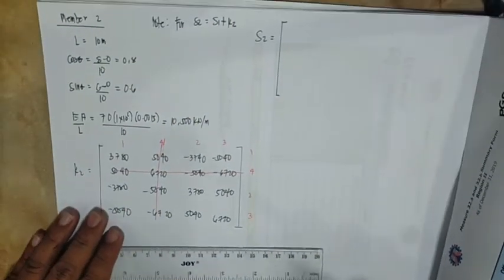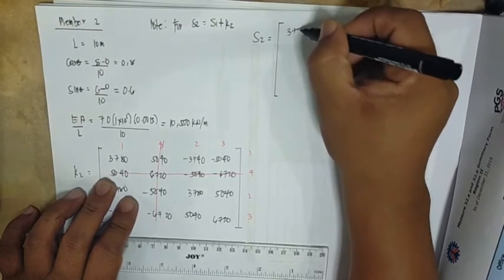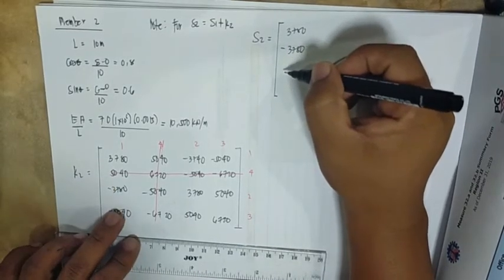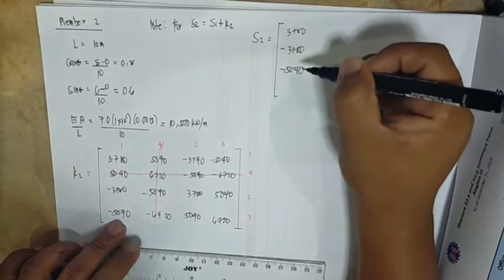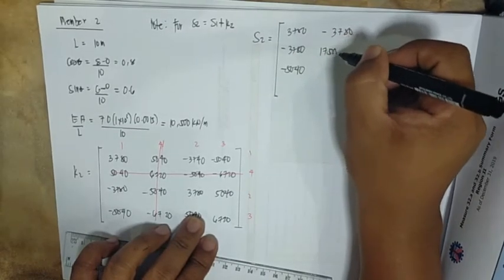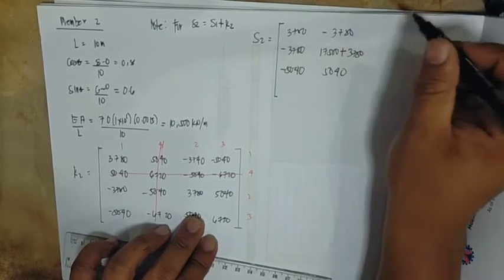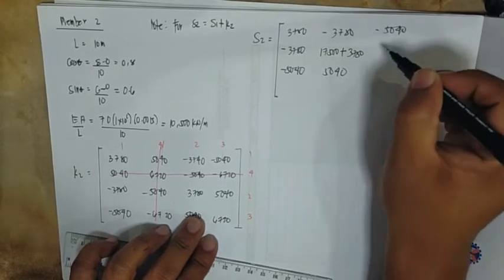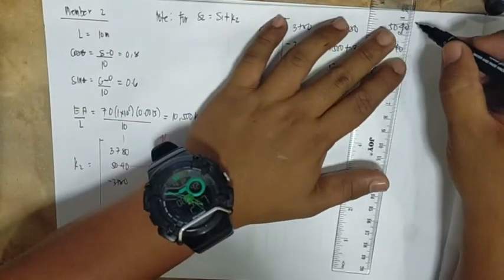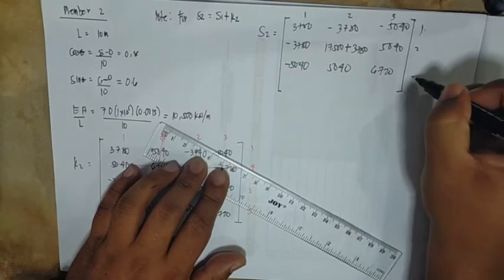So, negative 3780, negative 3780, 5040, negative 3780, 17,500 plus 3780, 5040, negative 5040, 5040 and 6720. The same, 1, 2, 3, 1, 2, 3.